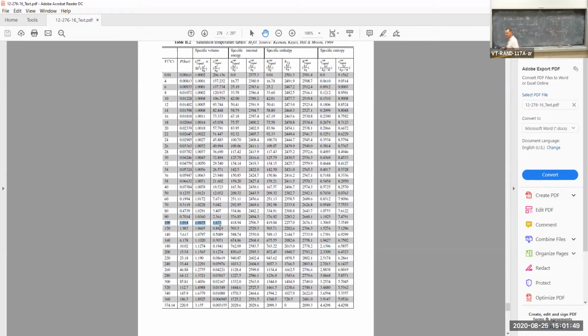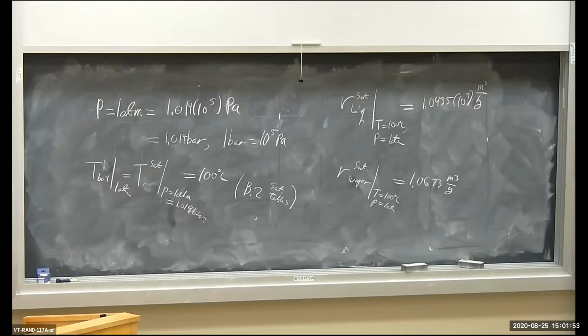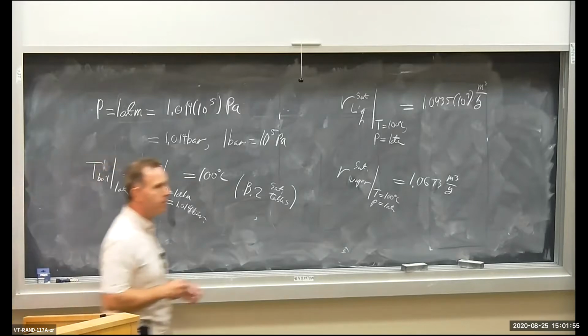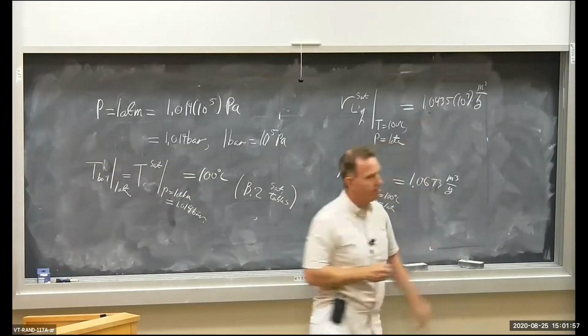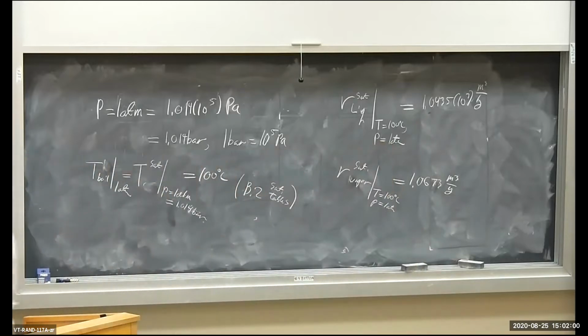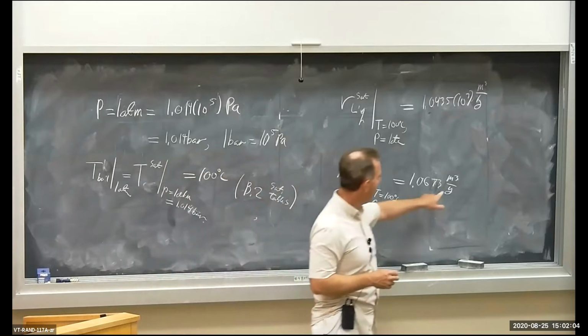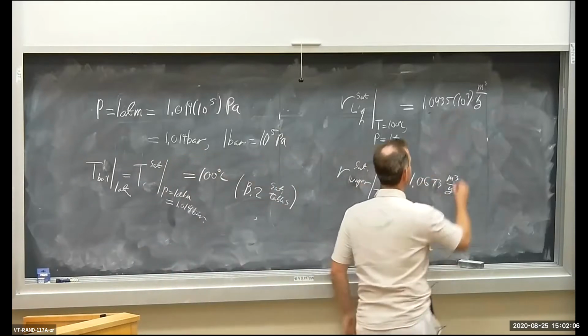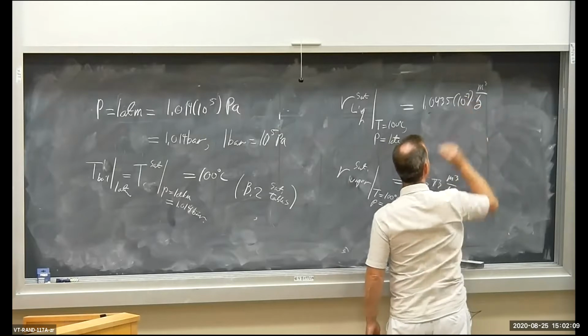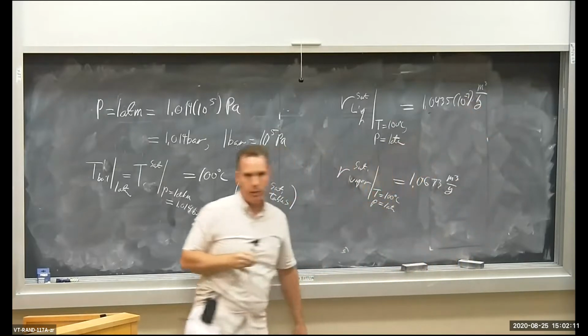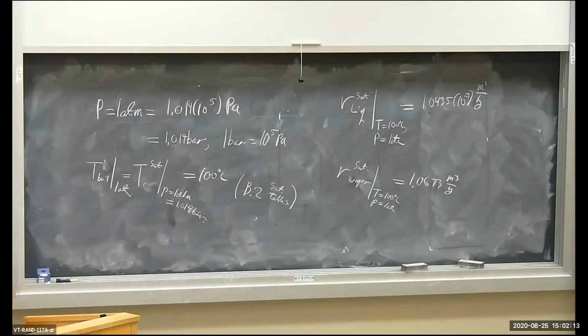So that's the specific volume for the saturated liquid and vapor: 1.0435 times 10 to the minus 3, and 1.0673, no 10 to the minus 3, cubic meters per kilogram. So that's how you use these tables. Quite nifty.